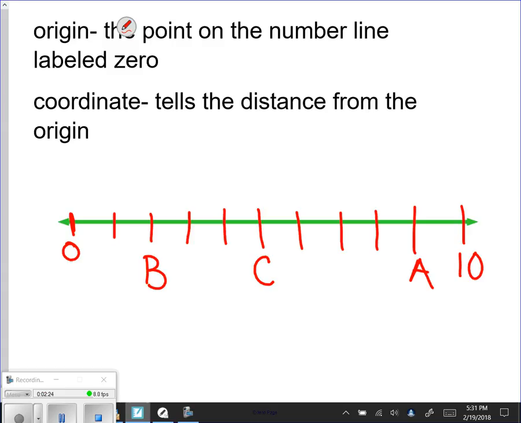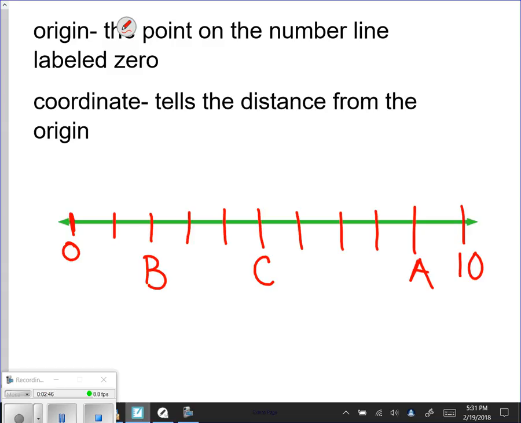So I want you to say, what is the value of C? Okay, that should be pretty simple because you can tell that on the number line, each of these should have a value of 1.